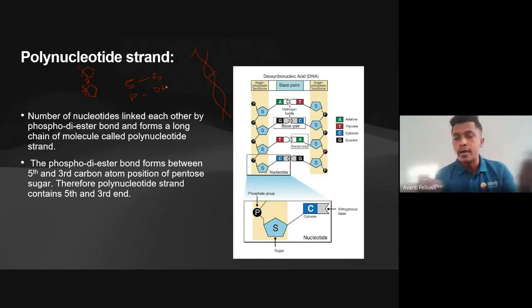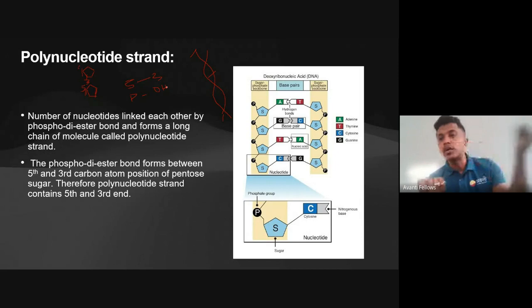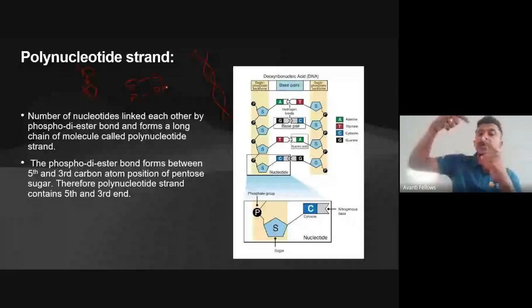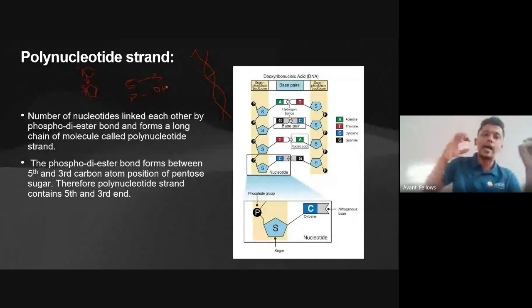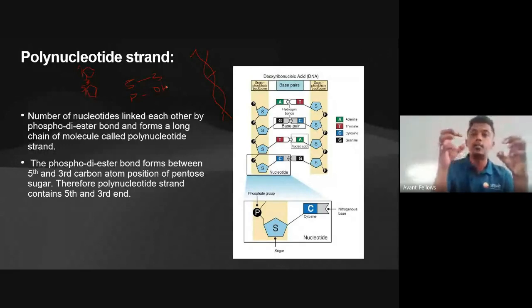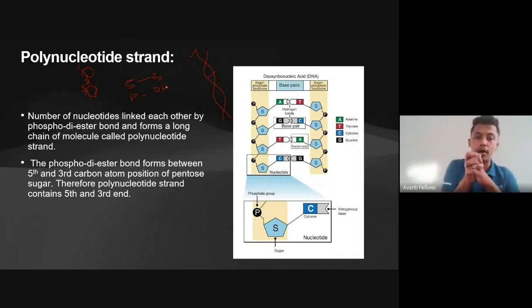When it makes a phosphodiester bond, usually a water molecule is removed between this OH and the phosphate group. Now it will make a strong bond between the two nucleotides, thereby creating a chain. So one nucleotide connects with another nucleotide: the 5 prime carbon atom of one and the third carbon atom of the other come together and form this bond. Once they form this phosphodiester bond between them, a chain is formed.